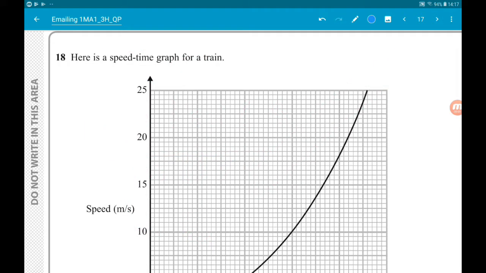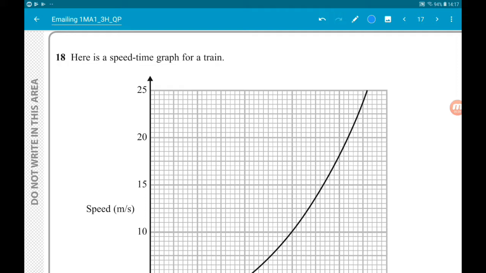Okay, number 18. Here's a speed time graph for a train. Exciting stuff. So we have speed in meters per second, going up the side, and time in seconds along the bottom. Part A wants us to work out an estimate for the distance the train travelled in the first 20 seconds. Use 4 strips of equal width.